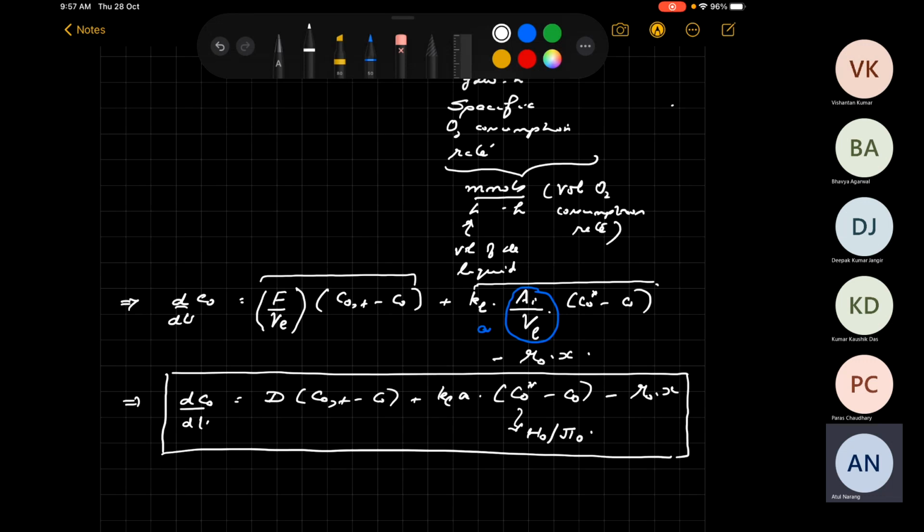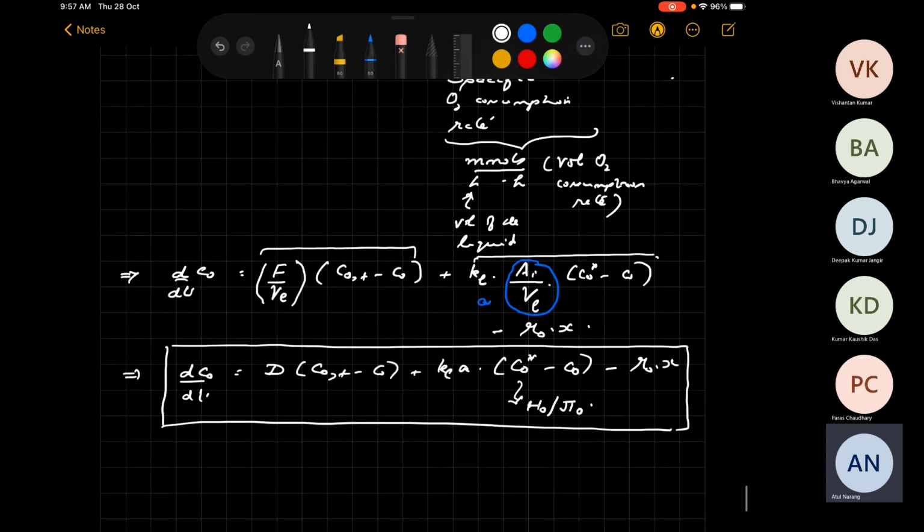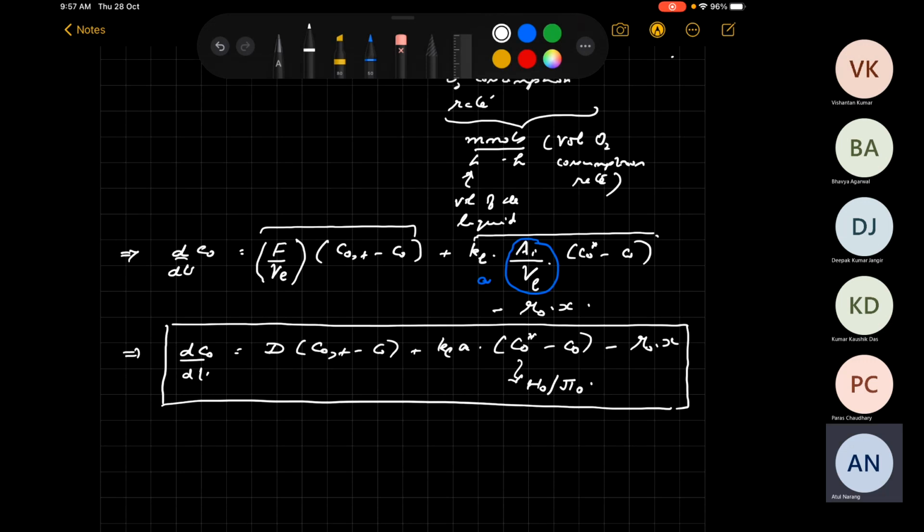It turns out that in reality, most of the time, unless you are not stirring your reactor enough, the first term is usually very small compared to the second term.